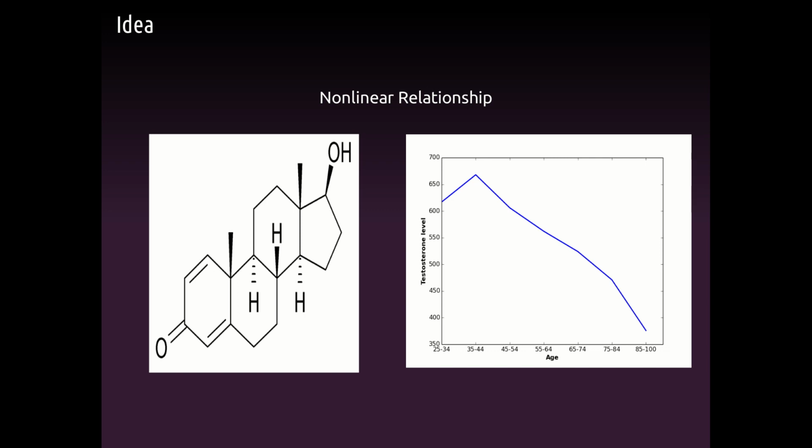And at the age of 35, the level of testosterone starts to decrease monotonically as the man gets older. So this is another example of nonlinearity between two variables.